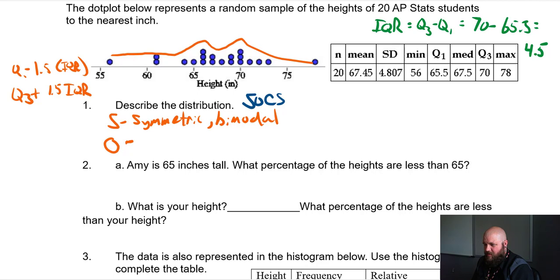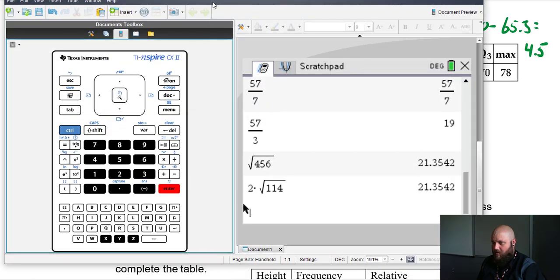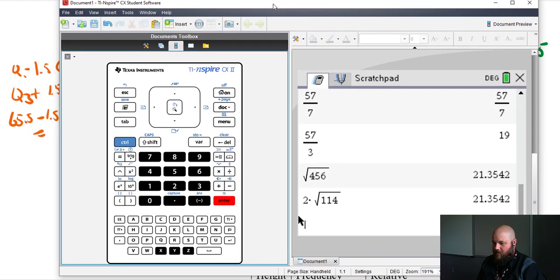So our Q1 was 65.5 minus 1.5 times 4.5. So that equals, all right, so let's pull up the calculator here and make sure we got this.